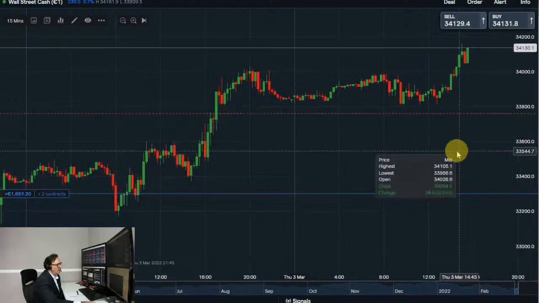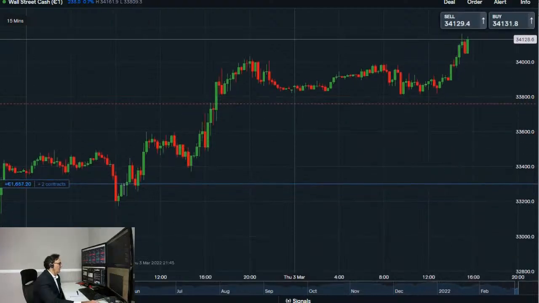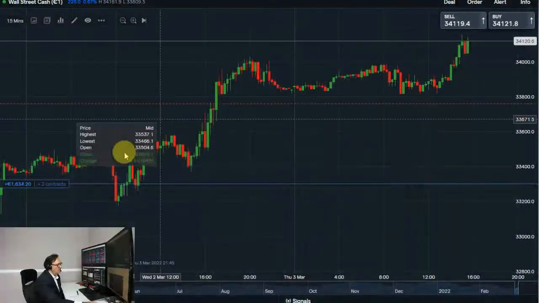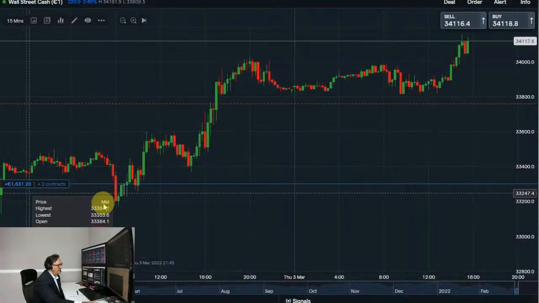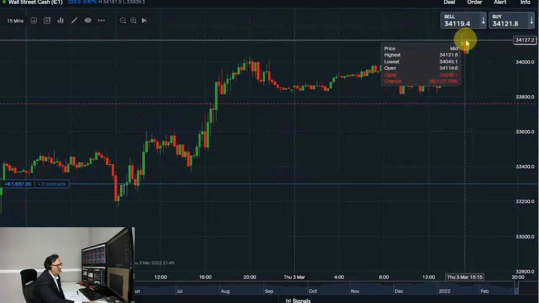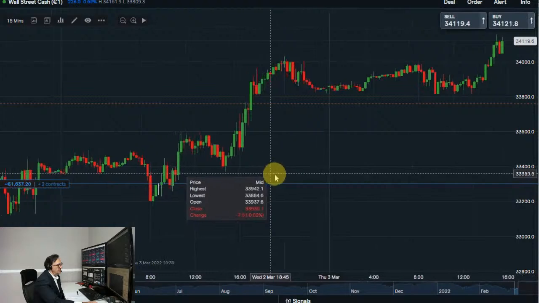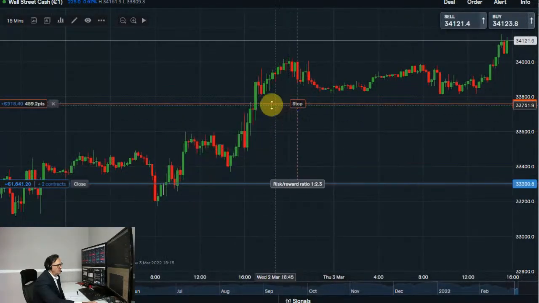So I took initial half at 33,465. Then I took slightly more than a half around this high here, and now I have the remainder of this position open with my stop loss here.